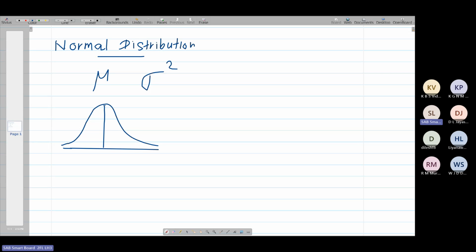Mean, median, mode. This single point represents the mean, median and mode. It means these three measurements are equal. If we assume the mean value is 10, then the median value is 10 and the mode value is 10.